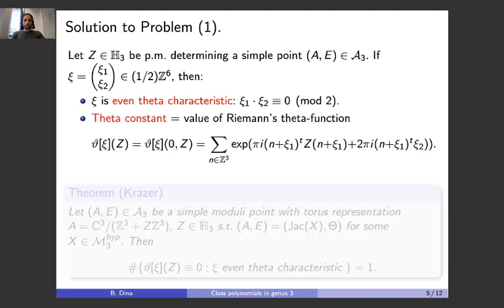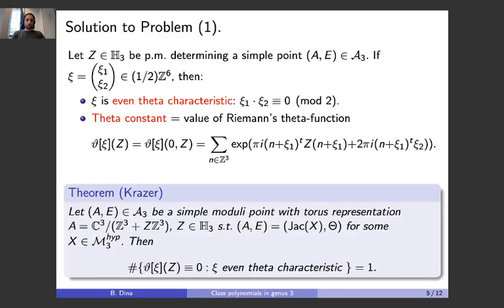To every point in H3, we attach Riemann's theta function. Here we are interested in it with a half characteristic, and the value of this function at the point 0 is our theta constant.